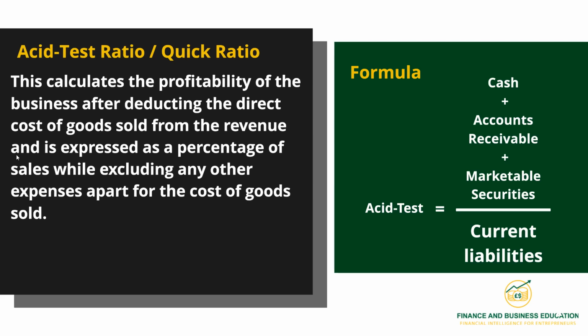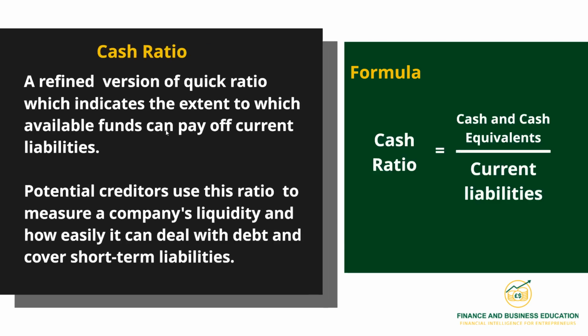It's a quick ratio to say, do you have enough cash and cash equivalents to cover your current liabilities? And the cash ratio is obviously cash and cash equivalents over current liabilities.